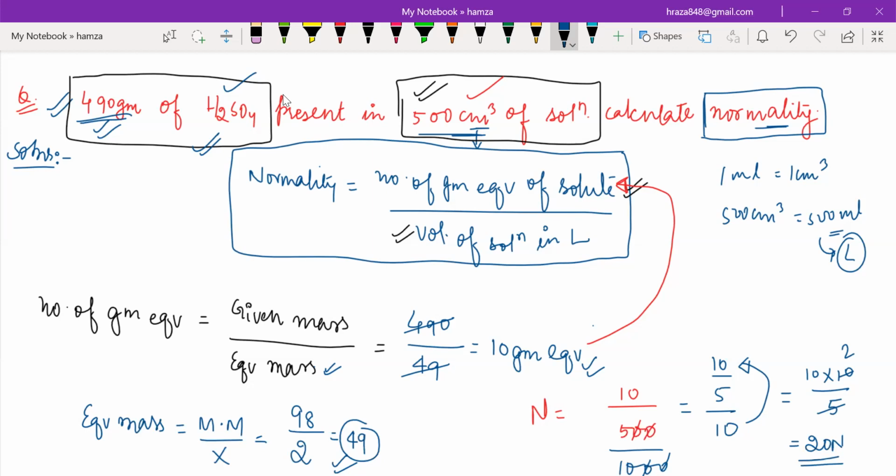Hamza? Yes, sir. Very good. Please write it, and then we will start the new topic of class 12, that is solubility. This all concentration term we have already discussed in class 11.